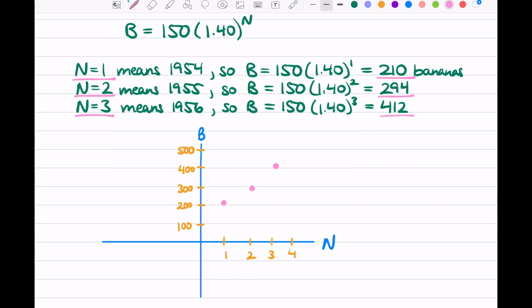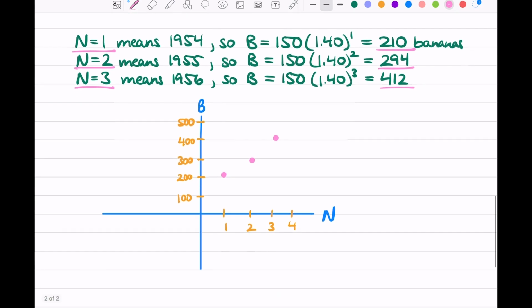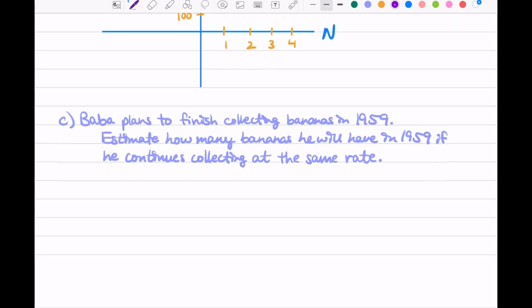Let's add one more piece to complete this graph. Baba plans to finish collecting bananas in 1959. Estimate how many bananas he will have in 1959 if he continues collecting at the same rate. So our collection is going to keep growing at 40% each year, so we can use our model.